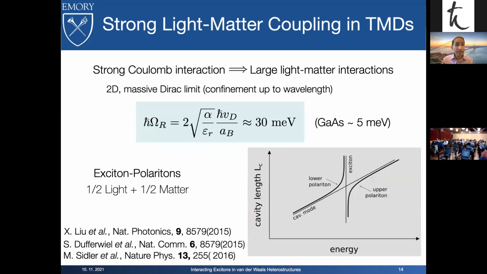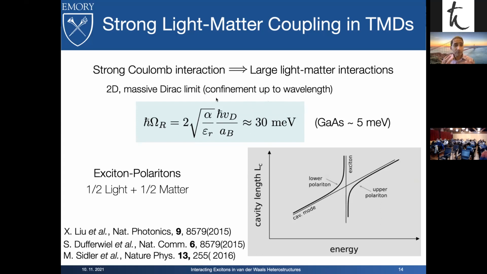This also has implications for light-matter coupling. As you can imagine, light-matter coupling also comes essentially from Coulomb interaction. If you do a back-of-the-envelope calculation to figure out the strength of this coupling for a lambda-confined light mode, you get the vacuum Rabi frequency to be about 30 milli-eV. Again, this is 10 times larger than gallium arsenide.